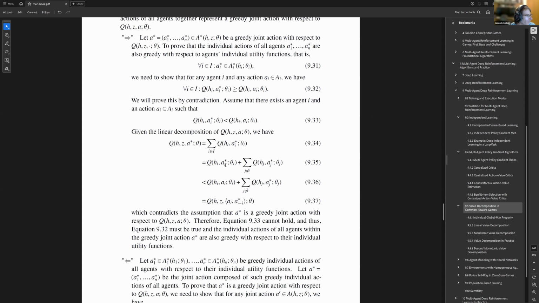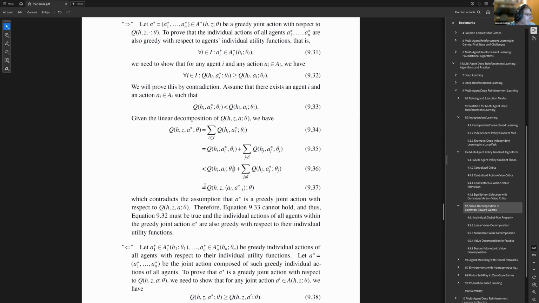So here, we can just replace this and turn this into an inequality where we have now made this term larger by replacing the action here with the action that we're saying in fact leads to a higher value. And then, because we're taking the sum, we go back to the definition of the linear decomposition of the value function, where this should now be equal to the true, composed, centralized action value function.